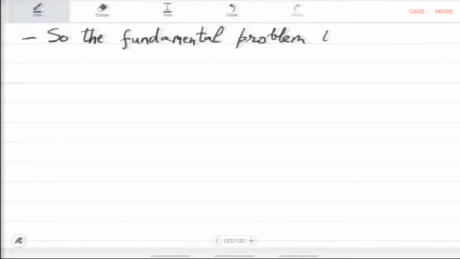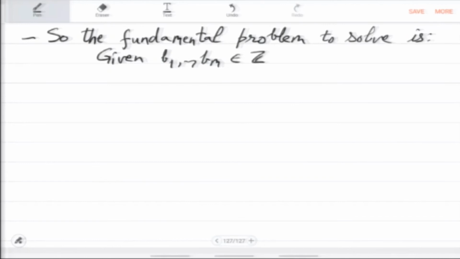So, the fundamental problem is: you are given m vectors, let us say the ambient space is n.